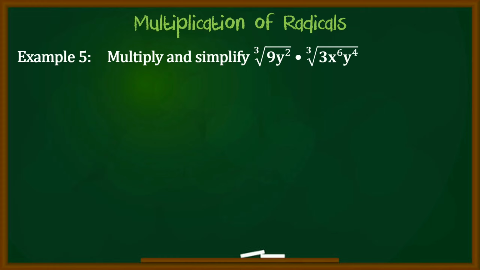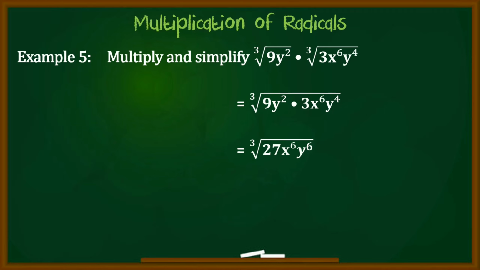Example number 5. Multiply and simplify cube root of 9y squared times cube root of 3x to the 6th power y to the 4th power. Multiply both the radicands, we have cube root of 9y squared times 3x to the 6th power y raised to the 4th power.